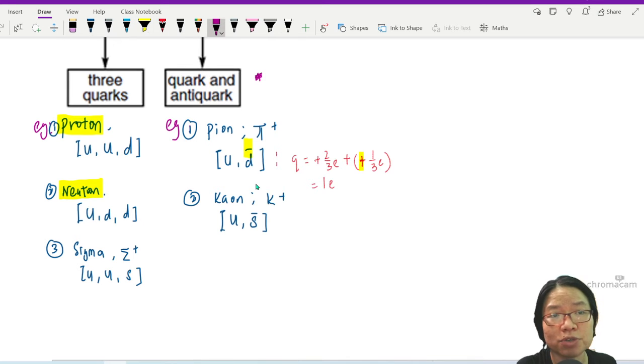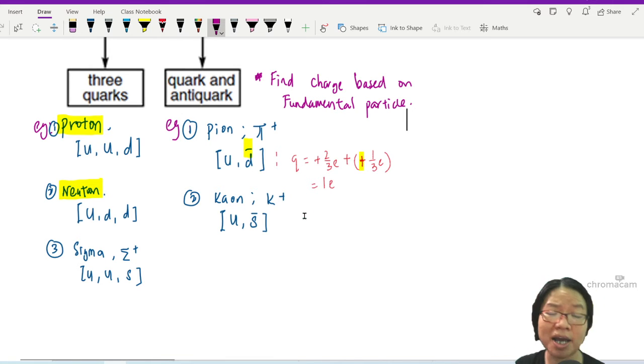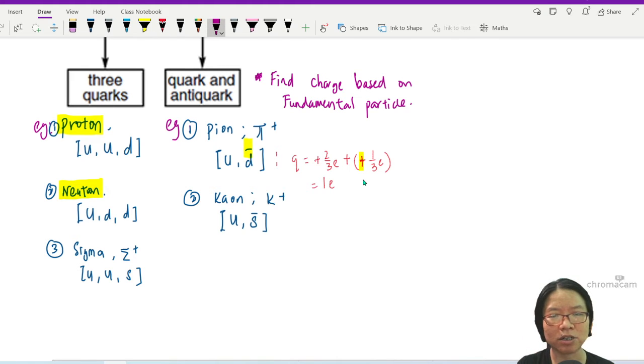But another skill you need is to find the charge of the particle based on the fundamental particles combination, like what I did for my pion plus. That's why it's called pion plus. So as an exercise, you can do it for sigma and kaon, and you will see that their charges are all 1 plus.